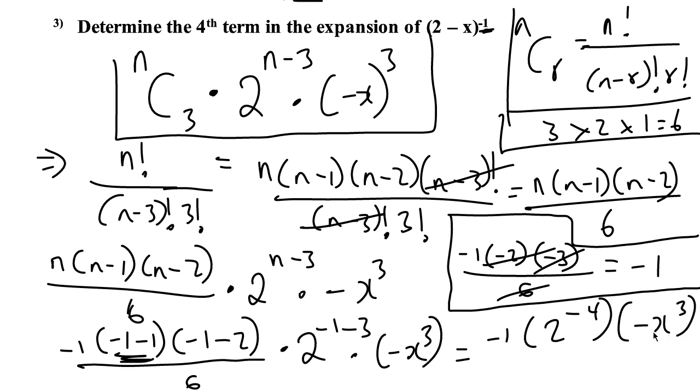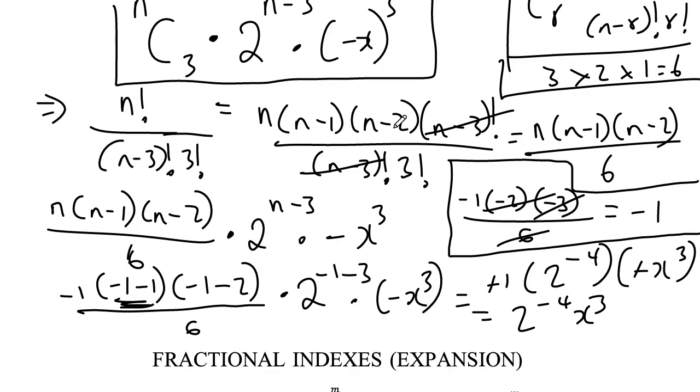So this negative and this negative turn to a positive, and then our final answer is 2 to the power negative 4 x cubed. And then what is 2 to the power negative 4? Remember what I said for negative powers: a to the power negative m is equal to 1 over a to the power m. Do you remember?